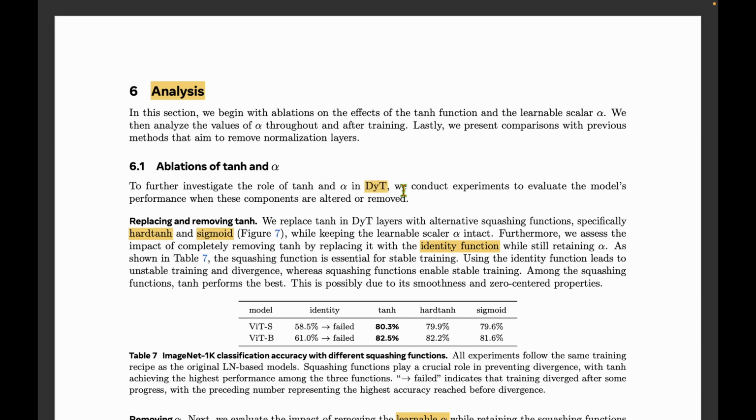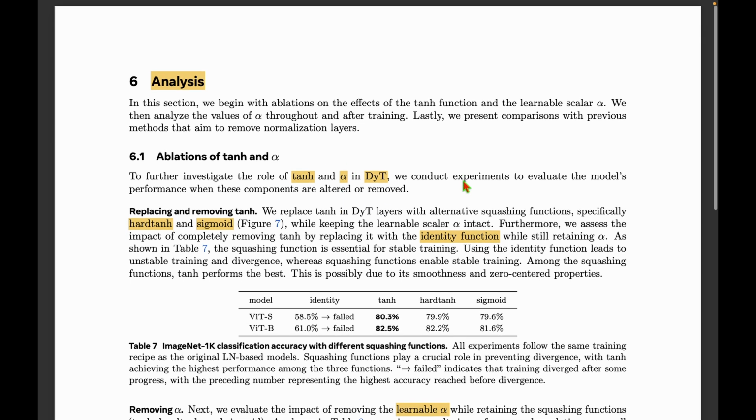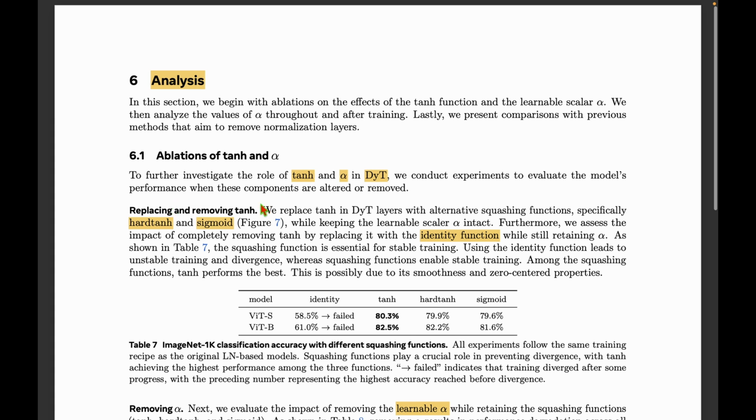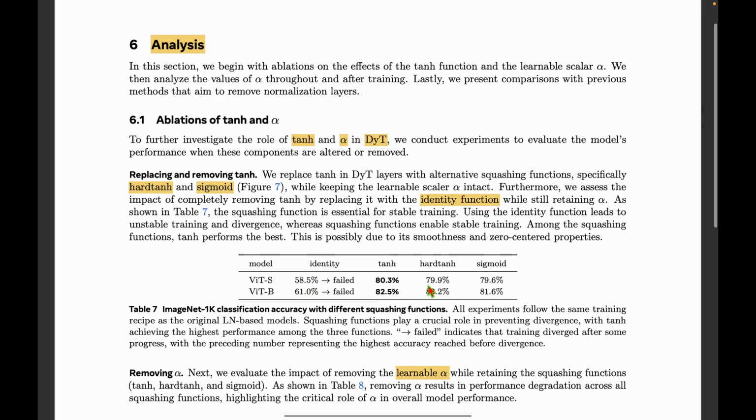If you take the dynamic tanh, there are only two components: the tanh, and the alpha, which is the learnable parameter. They try to ablate both of them. For instance, they try to replace the tanh with the hard tanh, a sigmoid function, and even an identity function. In all three cases, they found that the performance could not match that of the tanh.